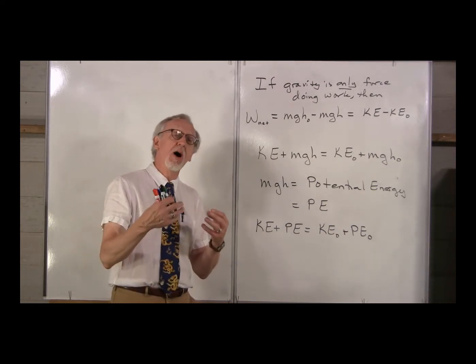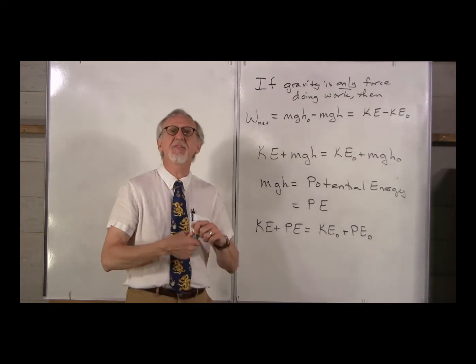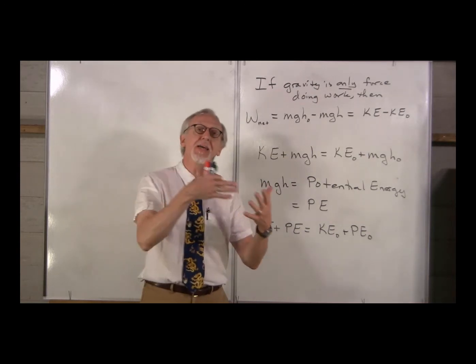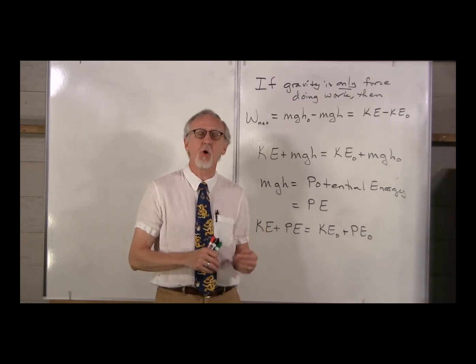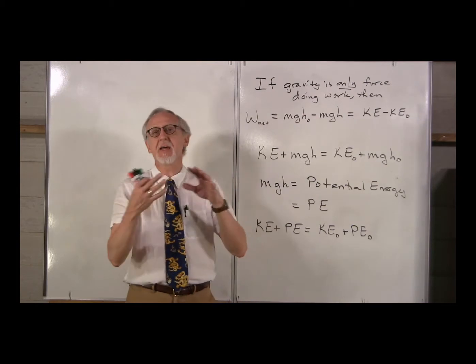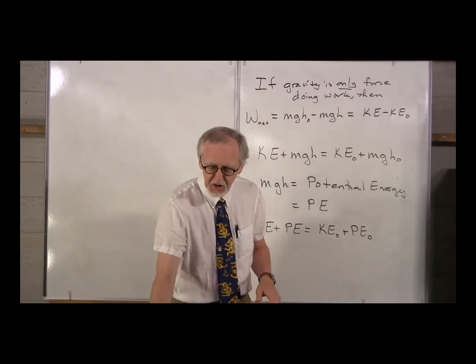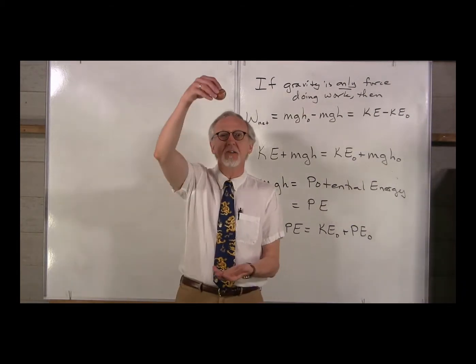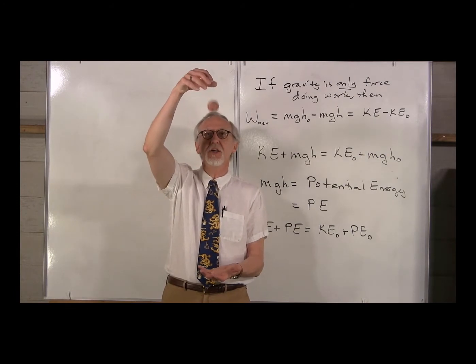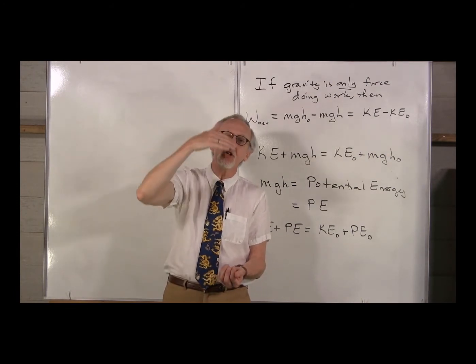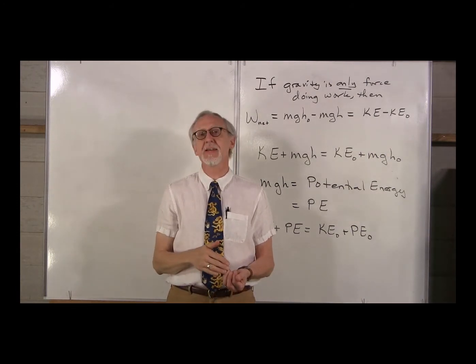So basically we can think of it as the potential energy turning into kinetic energy, or the kinetic energy turning into potential energy. As the object falls, it has a lot of potential energy, and that potential energy turns into kinetic energy.